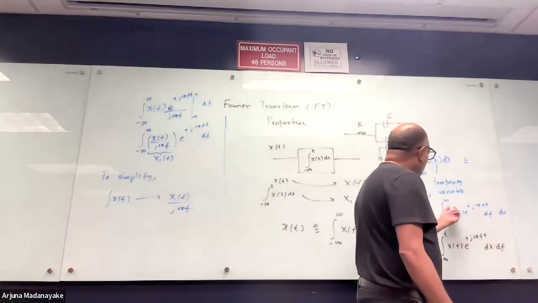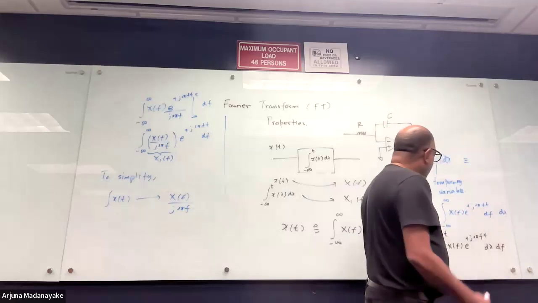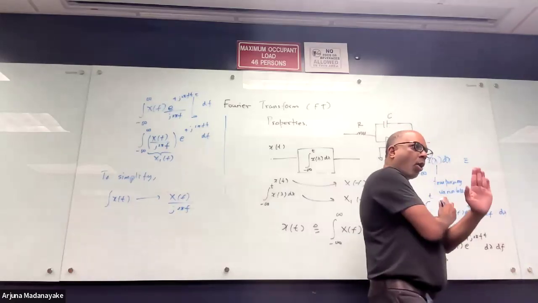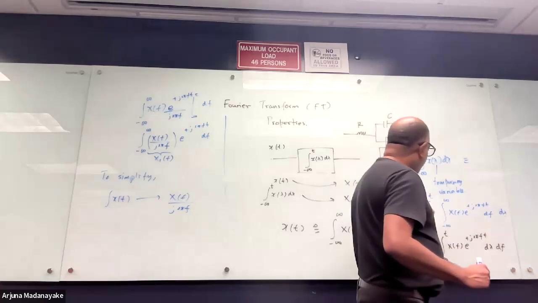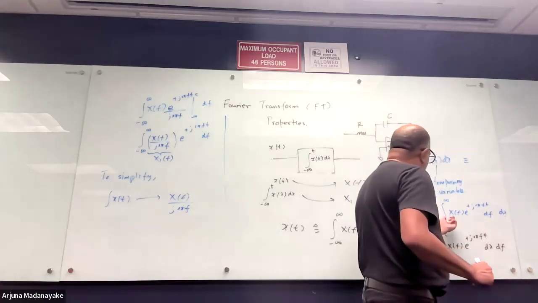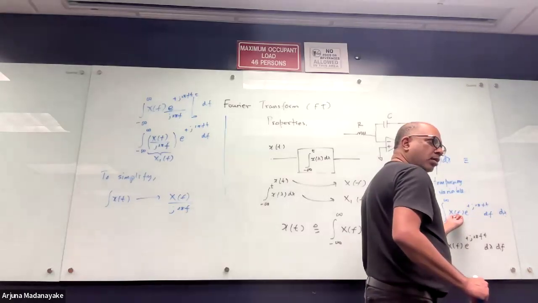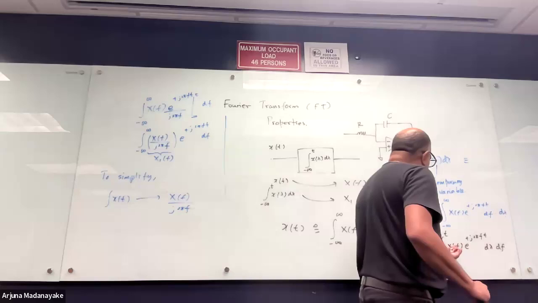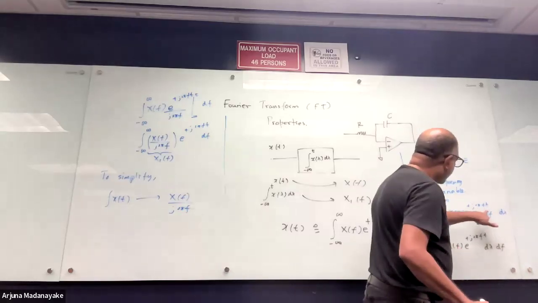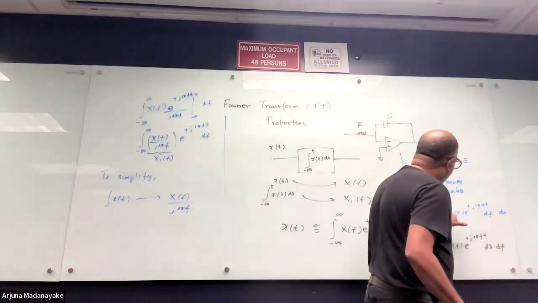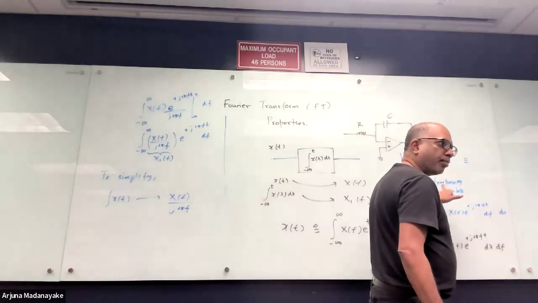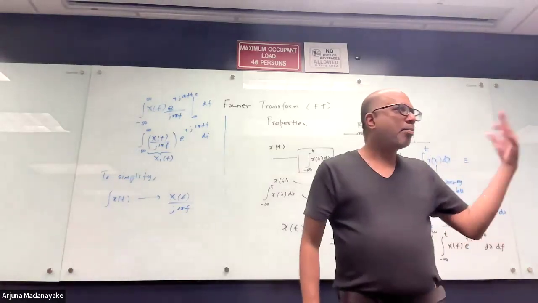So as long as there are no two-variable functions, you can swap the order of the integrals. That's why I can swap the order of the integral, because X of f does not have a function of lambda inside. And then this looks like a constant, it comes out, but this part has t, because the result of this integral has t on it. So I have to apply the integral and apply the limits to it.